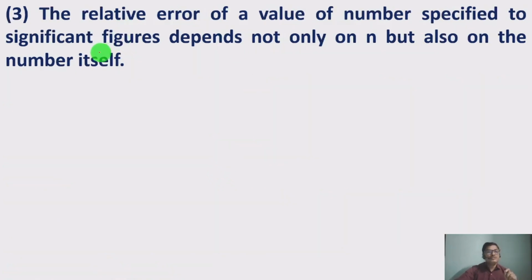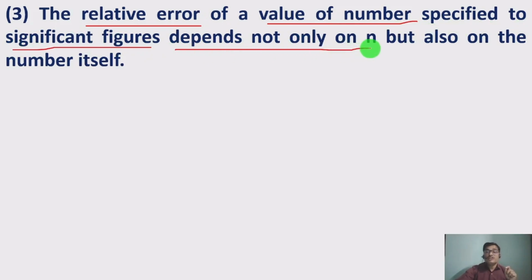Further moving, third one, the relative error. The relative error is the ratio of the absolute error to the actual value, and for a value of a number specified to two significant figures, it depends not only on n, that is, how many significant figures there are in the numbers taken in the arithmetic operation, but also on the number itself, because relative error will have the original or true value.